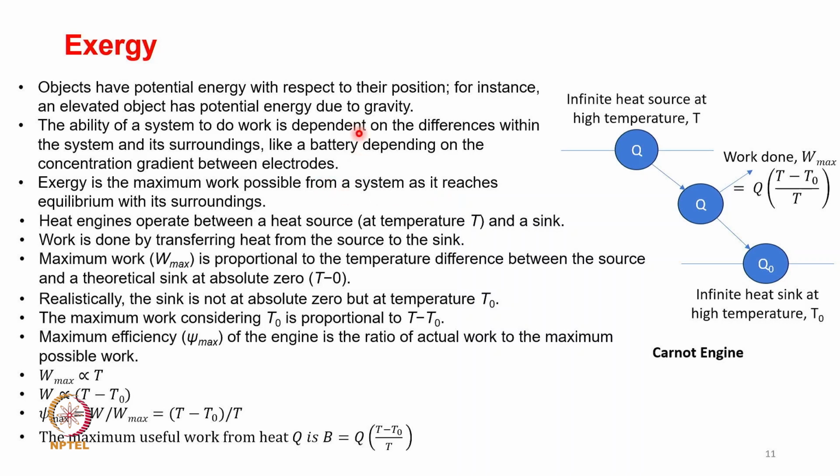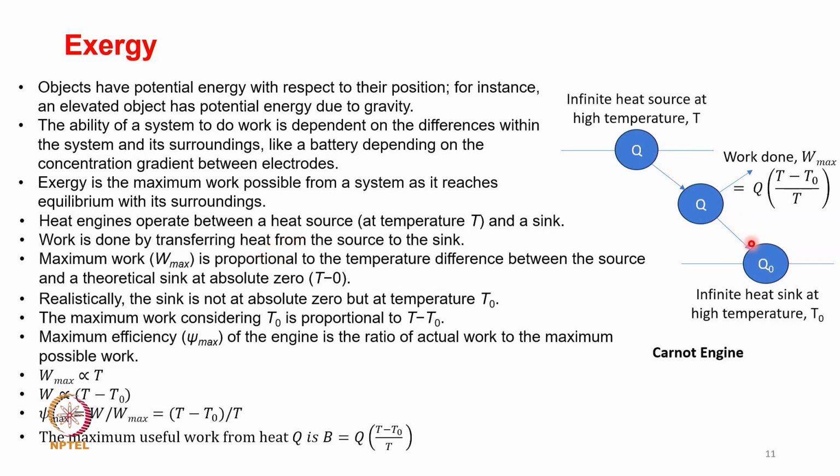So systems have capacity to do work. So what is exergy? Exergy is the maximum work possible from a system as it reaches equilibrium with the surroundings. So for instance, a heat engine operates between a heat source at a temperature T and a sink somewhere here, Q to Q naught.